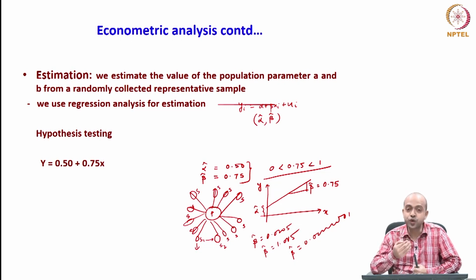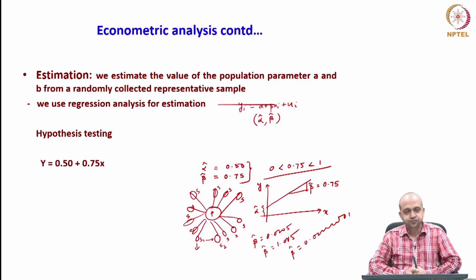That means we need to establish the statistical significance of beta hat. So far what we see here is only mathematical significance. That means the magnitude of beta hat is different from 0. 0.75 is mathematically different from 0, but we need to ensure it is statistically different from 0.